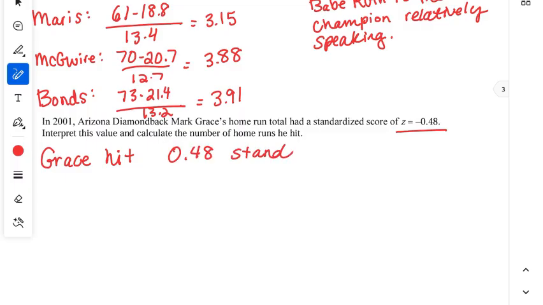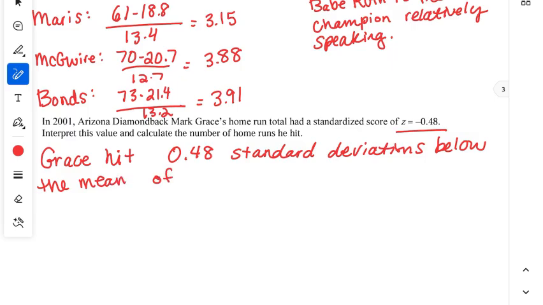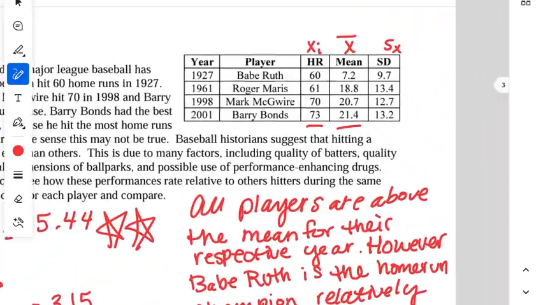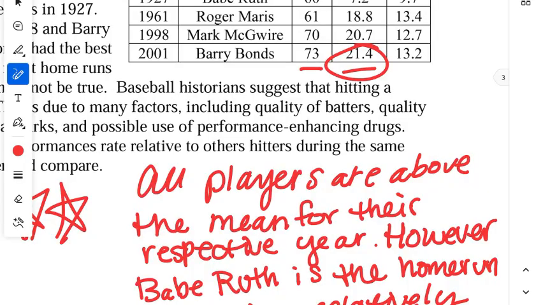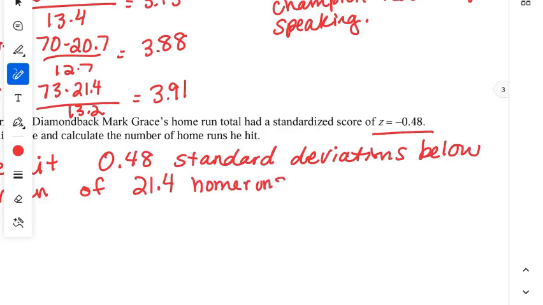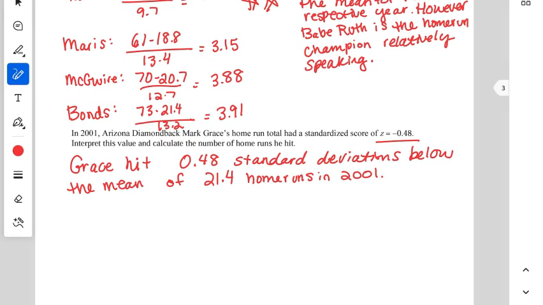So Grace hit 0.48 standard deviations below the mean of, let's see, 2001. Oh, I need to go to Barry Bonds. The mean is 21.4 home runs in 2001.